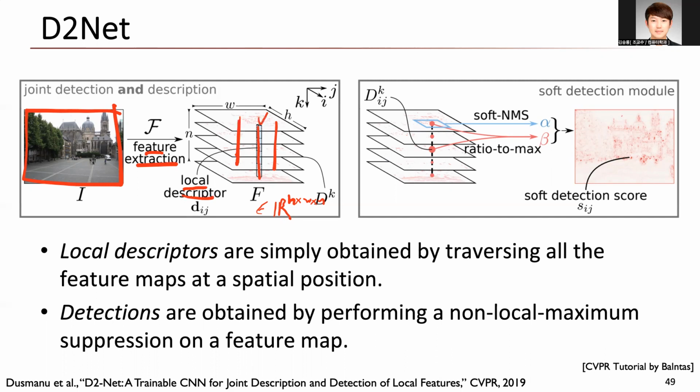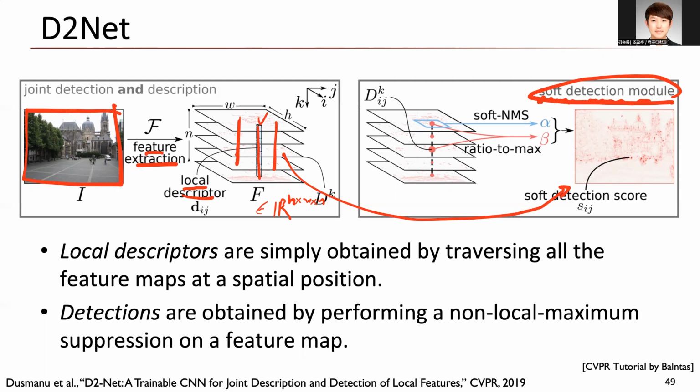In this paper, they propose a soft detection module. The soft detection module means using the feature values themselves as a score map to detect the feature vector.